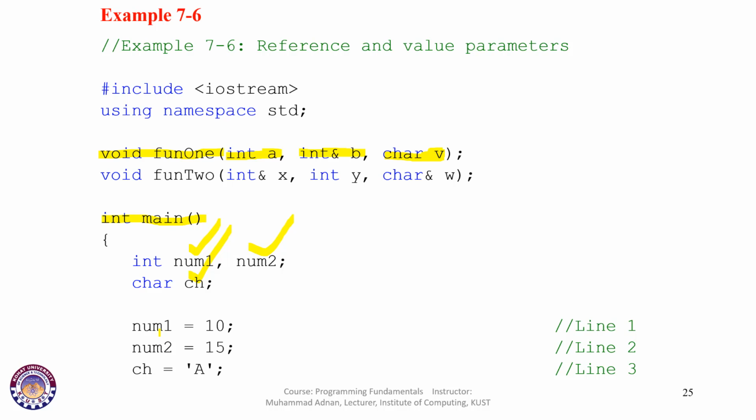So num1 gets the value of 10, whereas num2 gets the value of 15. Remember, this is the assignment operator, this is not the equal to operator. So the value 10 is assigned to, or copied to, num1, whereas the value 15 is assigned to num2, and the character a is assigned to the variable ch.